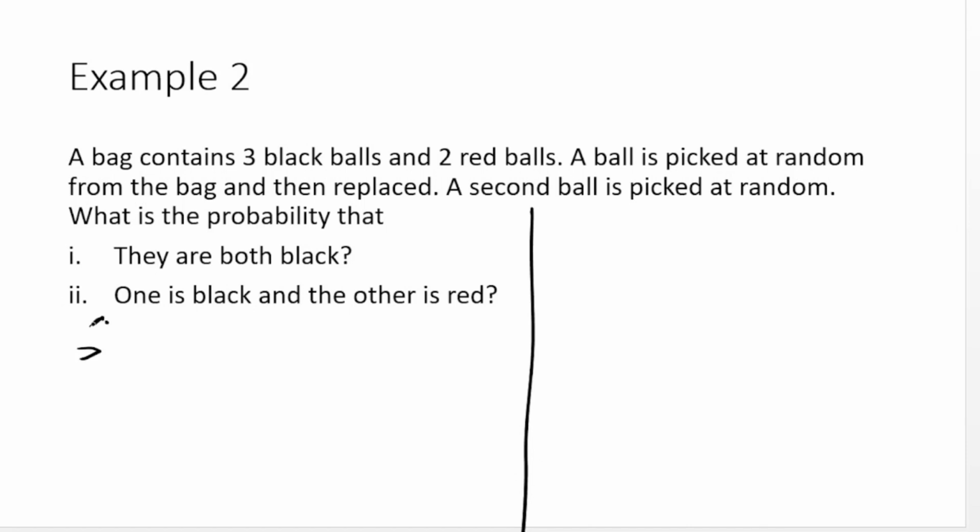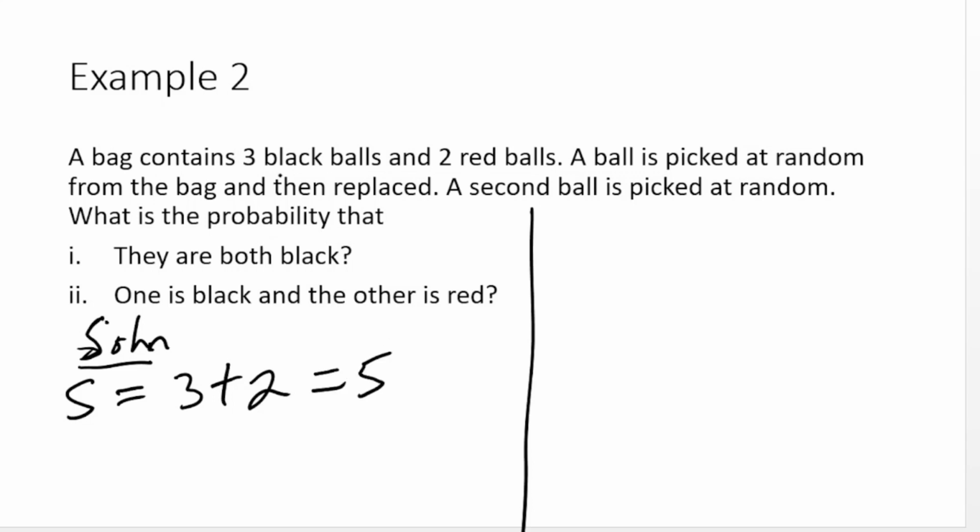Solution: the total sample space, the total balls in the bag, will be 3 plus 2, that is 5, because we have the black balls and the red balls. A ball is picked at random from the bag and then replaced. A second ball is picked at random again.